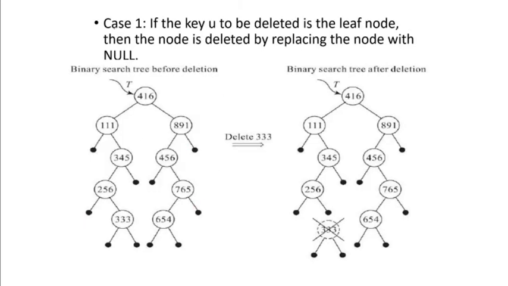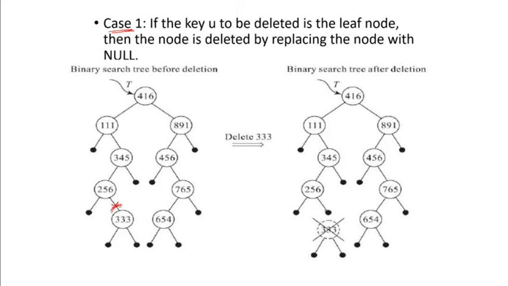So this is case 1 where I'm trying to delete a leaf node. So look at this particular binary search tree. I want to delete 333. So 333 is the leaf node. So there are no nodes connected to 333. So you can directly delete it. That is, disconnect this from this particular tree and free this particular memory location.